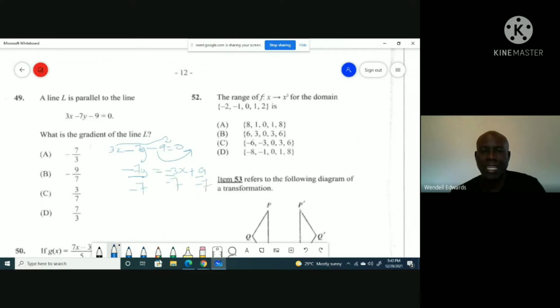So technically, y is going to equal positive 3/7 x minus 9/7. So the gradient will be the same, positive 3/7. So I'm looking for that for my gradient, positive 3/7. Question 52 says the range of f of x cubed for the domain, this would be what?